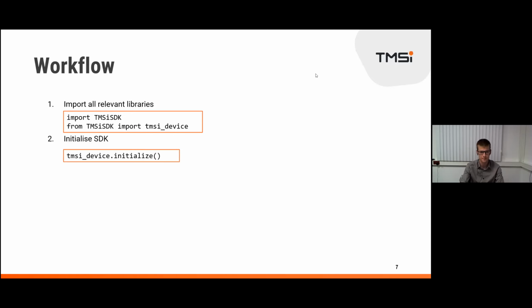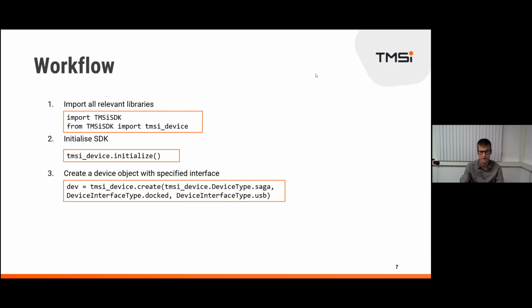So that's step one. Step two is to initialize our SDK. You do this by calling TMSi device and then calling its function initialize. This is always the first step that you need to do, as this will initialize the DLL functions associated with the device. The next step is to create a device object, a handle to a device object.